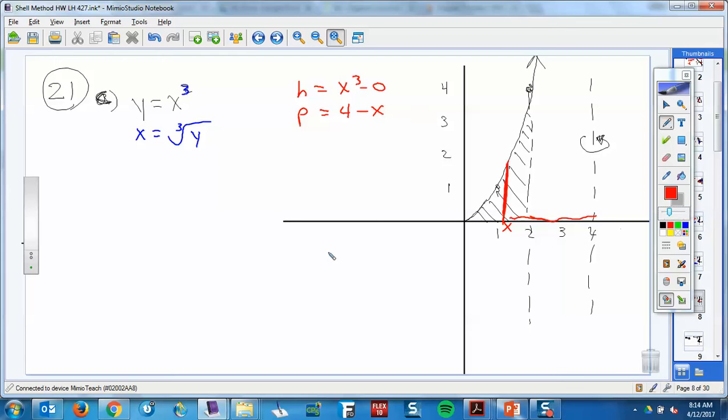And if we were going to do washer, it would be a washer because it would be empty space. You'd have big R there, little r there. So big R would be 4 minus cube root of y, and little r would be 4 minus 2, right? Okay.